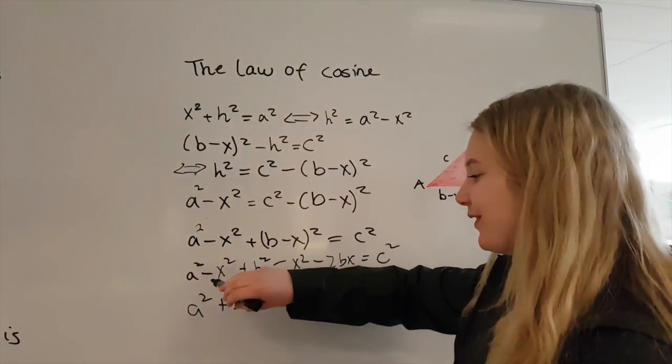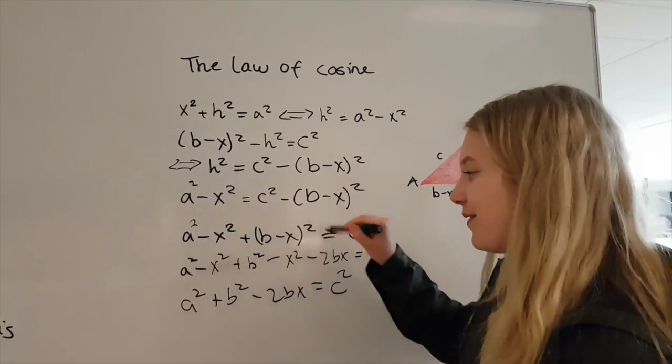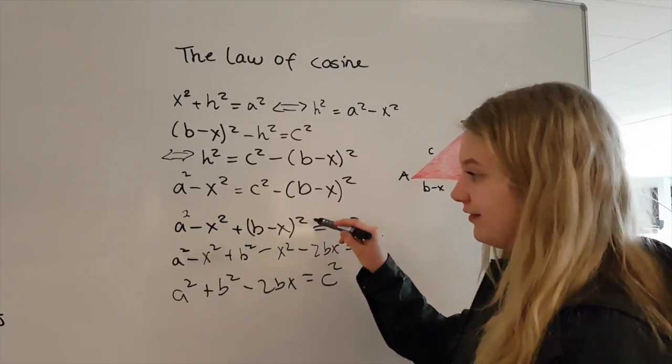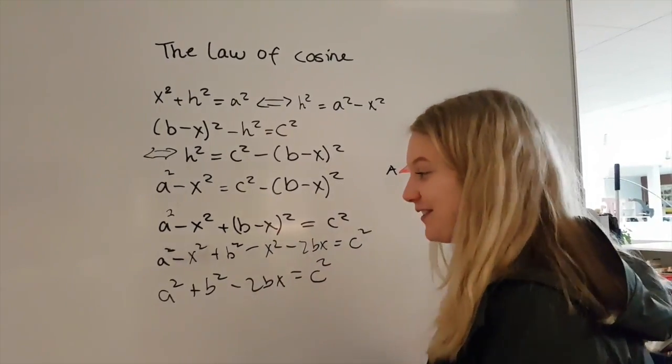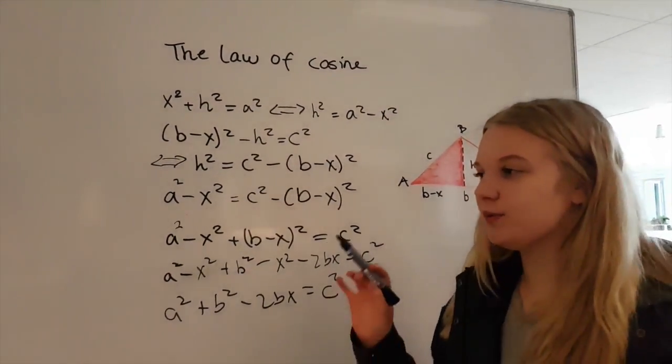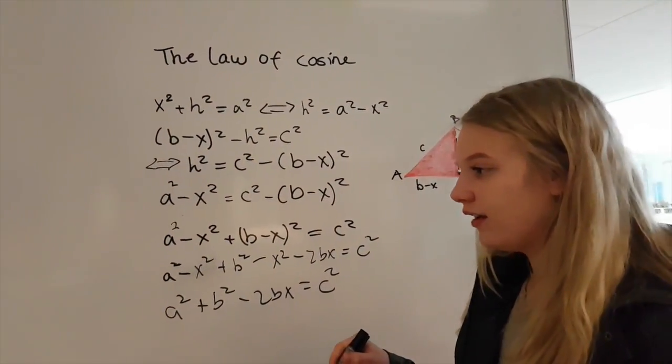To remove negative x to the power of 2 and positive x to the power of 2, we just added them and then they disappeared. That's how we did it, and then we need to solve the angle C.